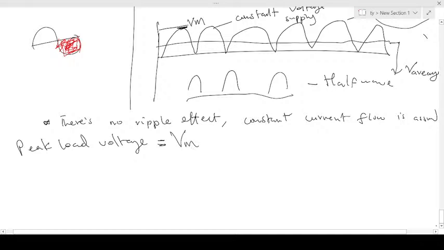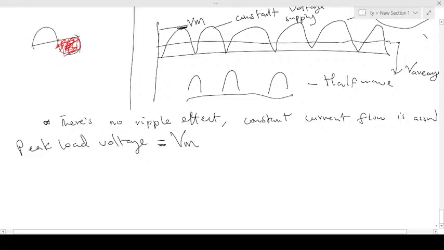Now what does this mean? This means that your full wave rectifier will produce twice as much output as the half wave. If you compare the full wave to the half wave, you can see that the full wave is producing twice as much output in the same period as the half wave.